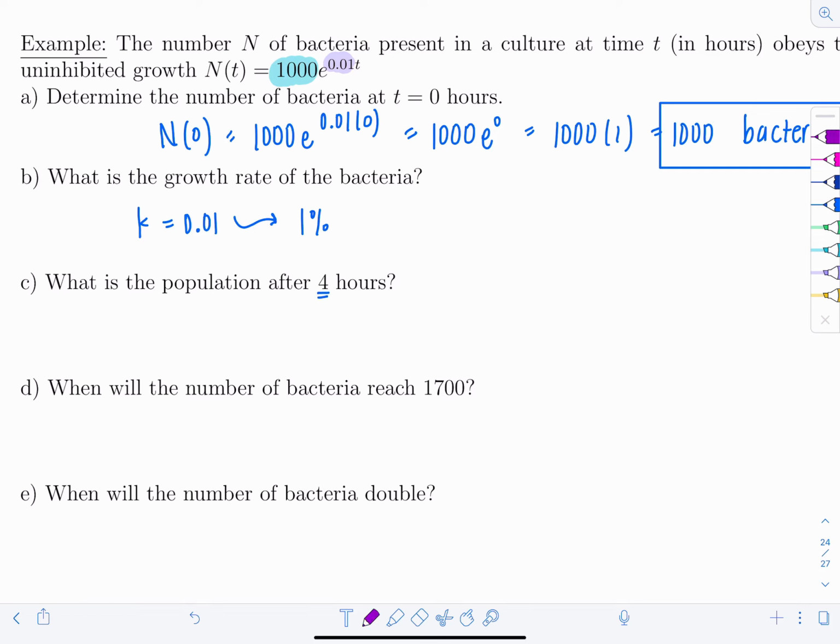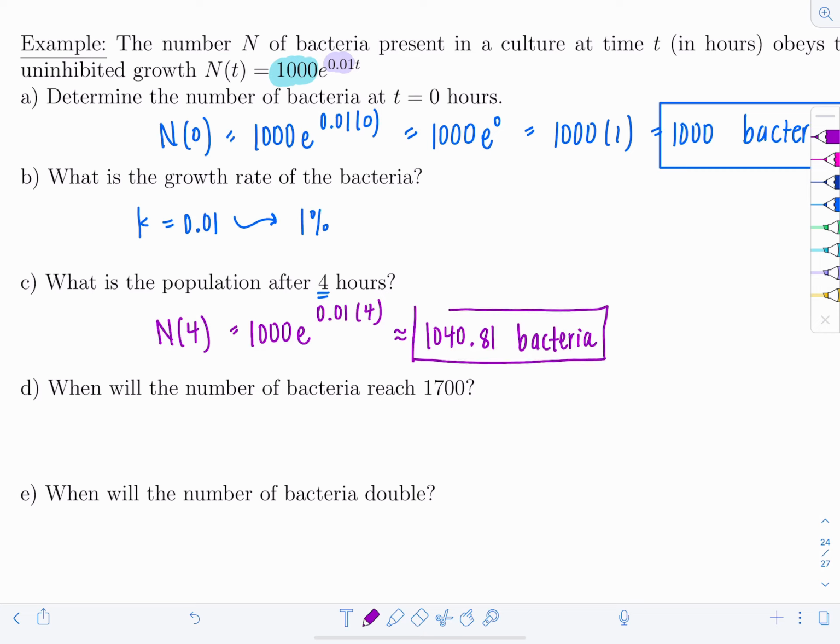You don't need to show any work besides the setup. Let's round everything to 2 decimal places. The problem typically will specify, or it should be somewhere in the directions. If not, then just use your judgment. And you should get approximately 1,040.81 bacteria. Does that seem reasonable? If the growth rate is 1%, after 4 hours, a little more than 40.